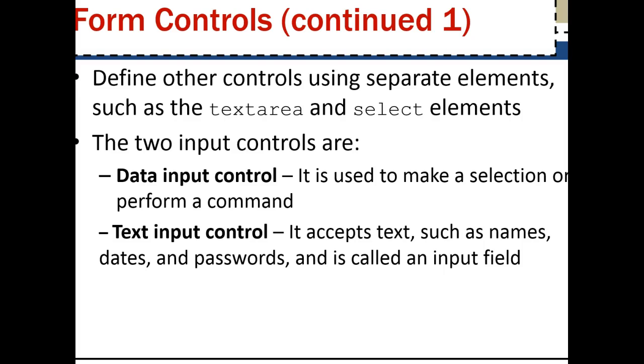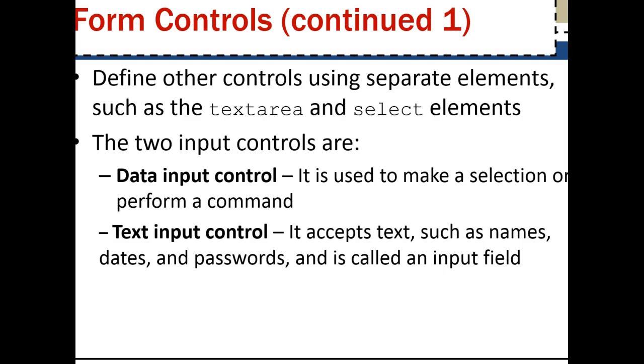In order to define the other controls, we use separate elements such as textarea, and also maybe the select element. The two input control forms are basically the data input and the text input control.